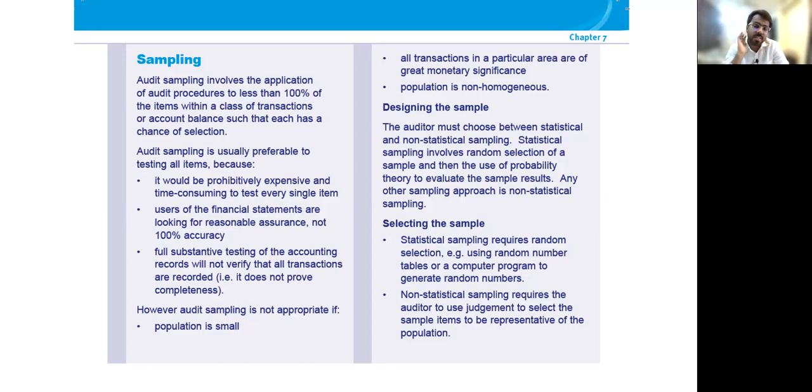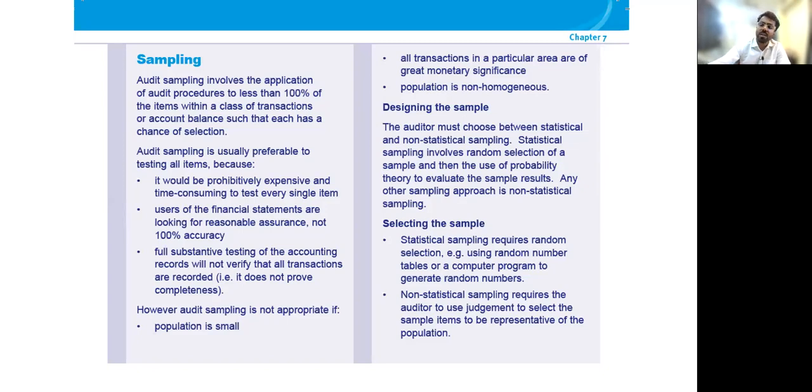When the entire sales transactions in the year are, let's say, only 200, then the population itself is small. So if the entire population itself is small, then don't do sampling.